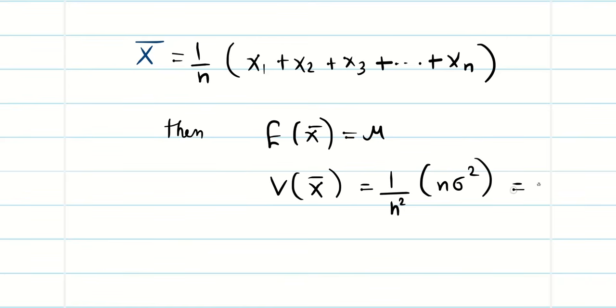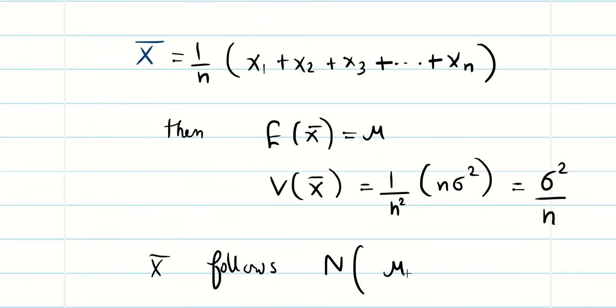So now we will be getting sigma square by n. Therefore, I say x bar follows normal distribution where mu remains the same, but my variance will become sigma square by n, so we use standard deviation sigma by root n as n tends to infinity.